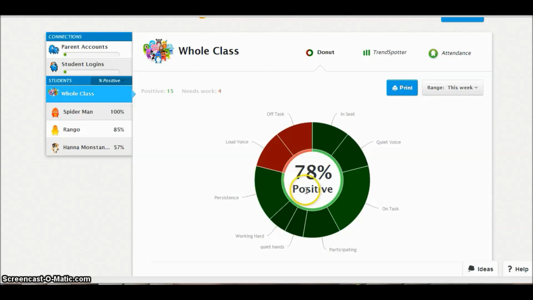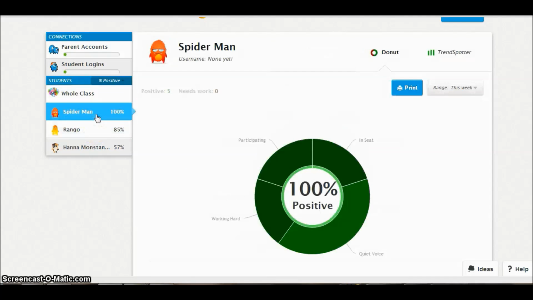And as you can see, it breaks down the individual behaviors that they were doing and reports the percentage of time. So let's look at the individual students. At that interval, Spider-Man was perfect. He really did a good job 100% of the time.